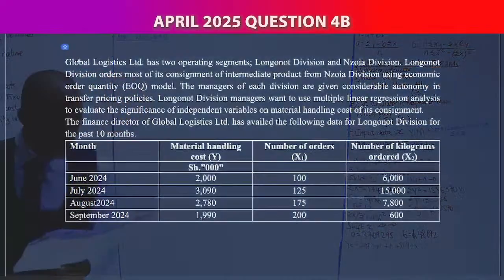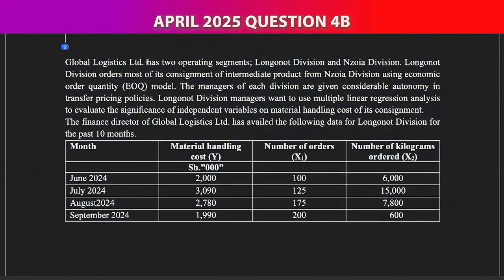They're saying Global Logistics Limited has two operating segments, Longonot and Zoea. Longonot division orders most of its consignment of intermediate output from Zoea division using the economic order quantity model. The managers of each division are given considerable autonomy in transfer pricing policies.